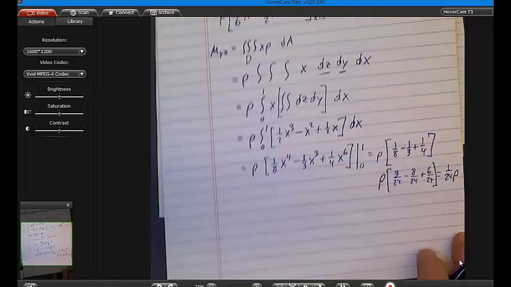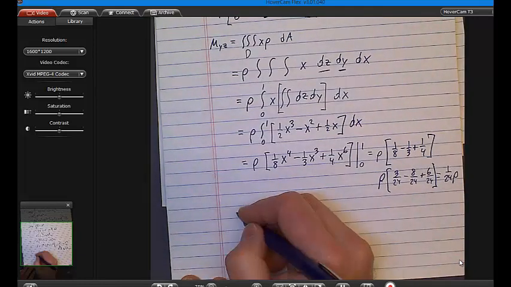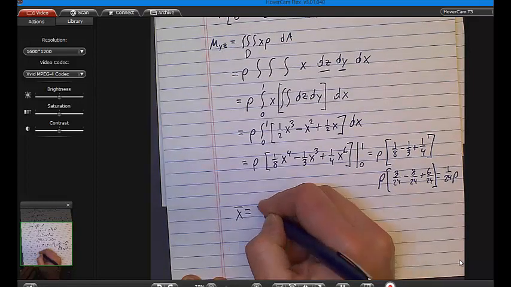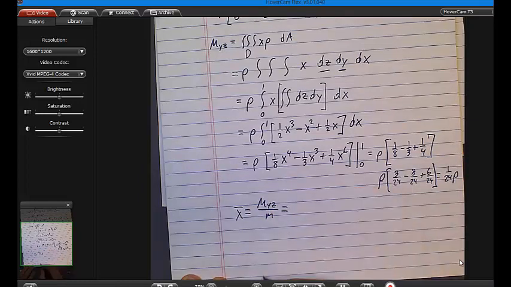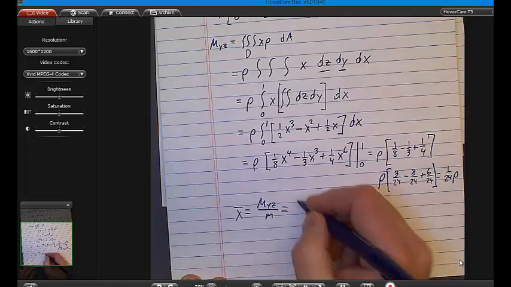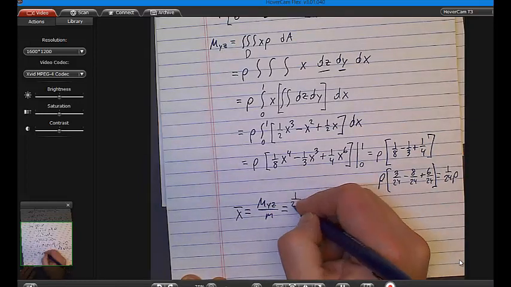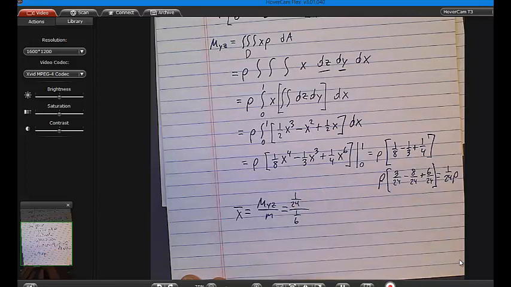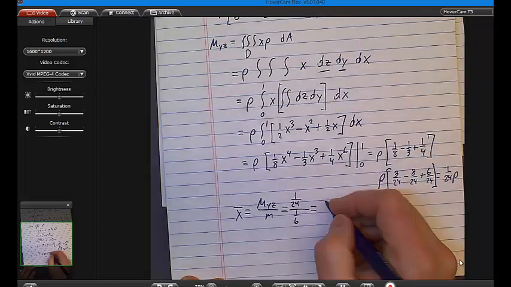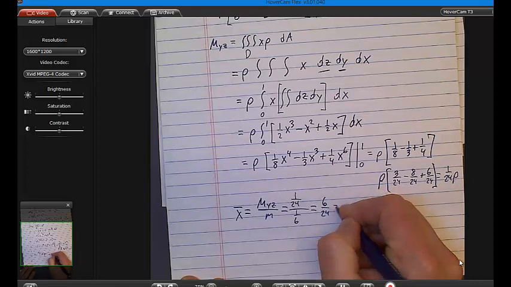So, after all that work, x bar is myz over m, which equals, what is it? 1 over 24 divided by 1/6, because the rhos cancel, is what? 1/4.